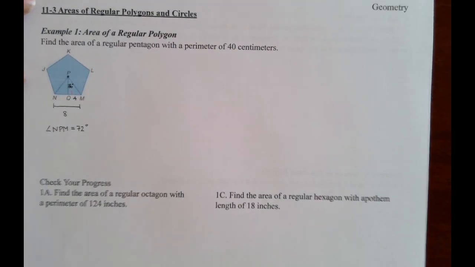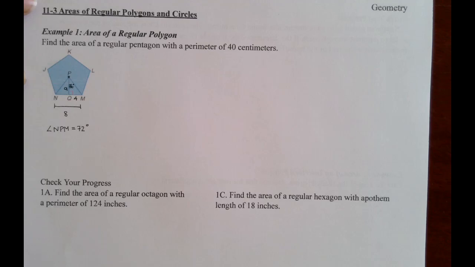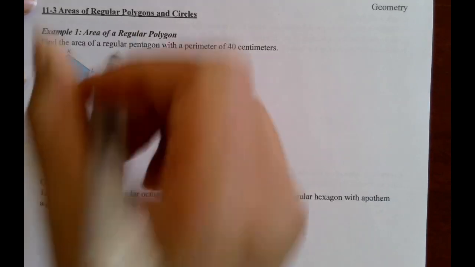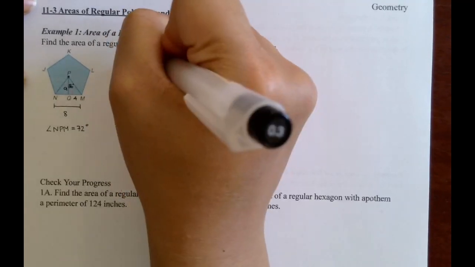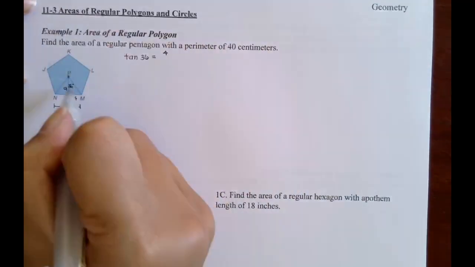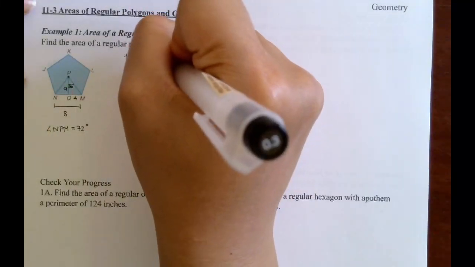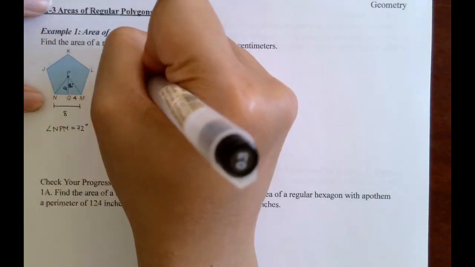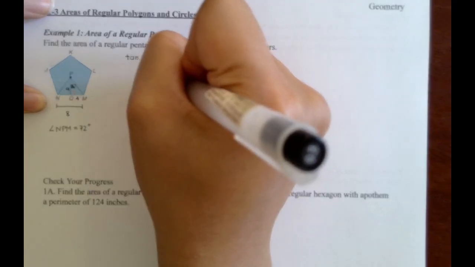Now, to find out what this apothem is, we can use trig, because it's a 90 degree angle here. So this is opposite, this is adjacent, so that's tangent. Tangent of 36 is opposite, the 4, over adjacent, the apothem. You can do the math, it'd be the same as saying the apothem is 4 divided by tangent of 36.